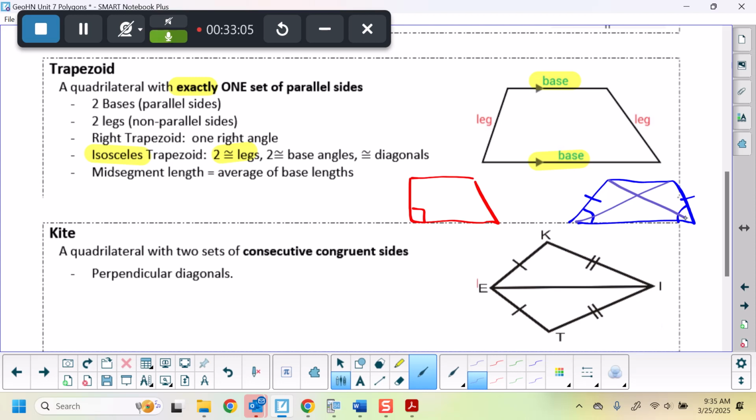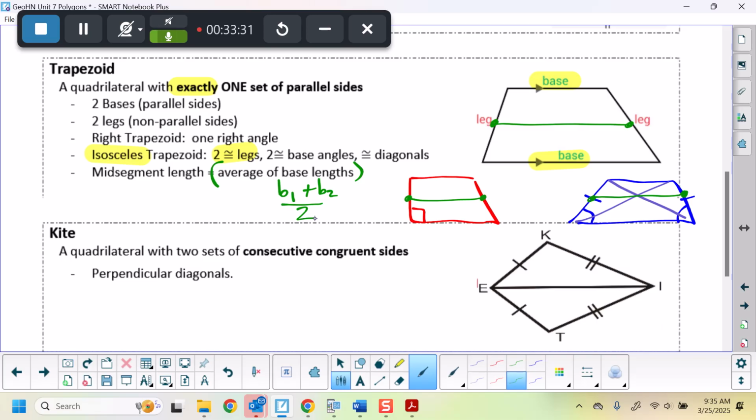In all trapezoids, we can draw a mid-segment, which you know what that is from our triangles. And that mid-segment is going to be the average of the base length. So base 1 plus base 2 divided by 2 is our average.